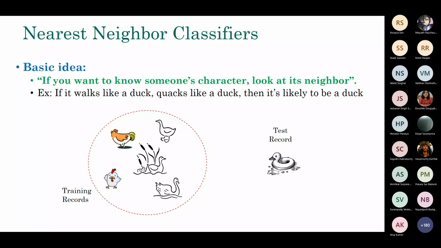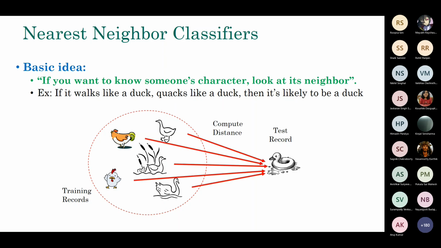So here's a pictorial example of what we typically do in k-nearest neighbor. You have training records of different things, and we have a test record, and we have to label this test record. So what we do, we first compute distances between the test record and all the training records.